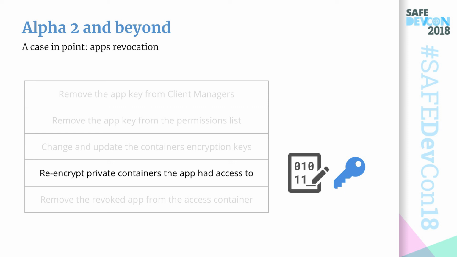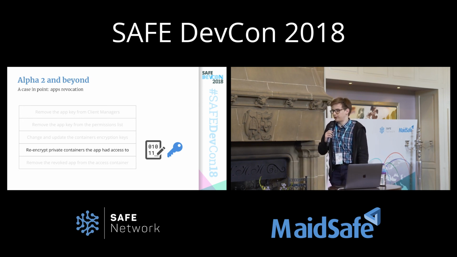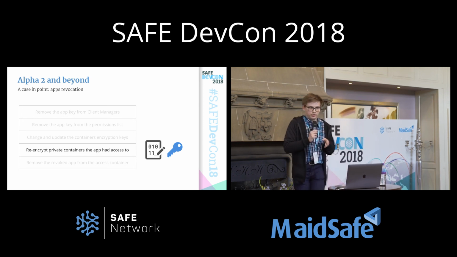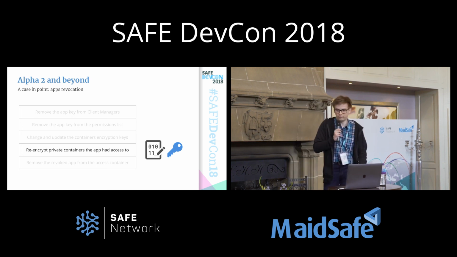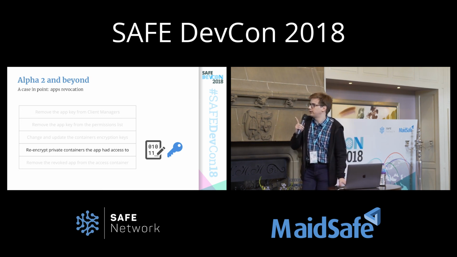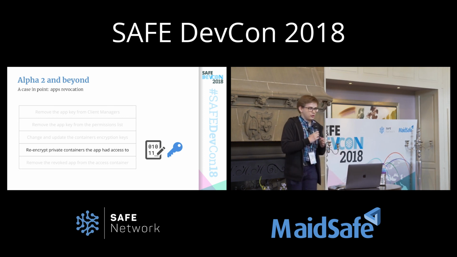Because re-encryption actually consists of several composite operations. We need to take each of the containers that this app had access to and apply new keys, so we're changing the locks. For example, the app could have been removed from the client managers, and it could have been removed from the permissions list of the containers it had access to.